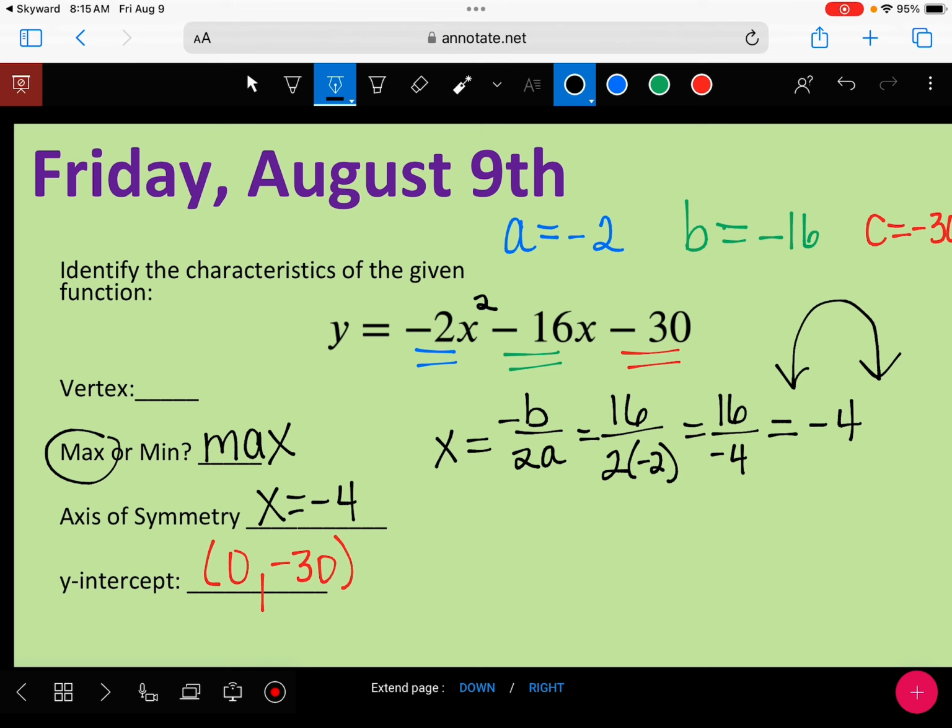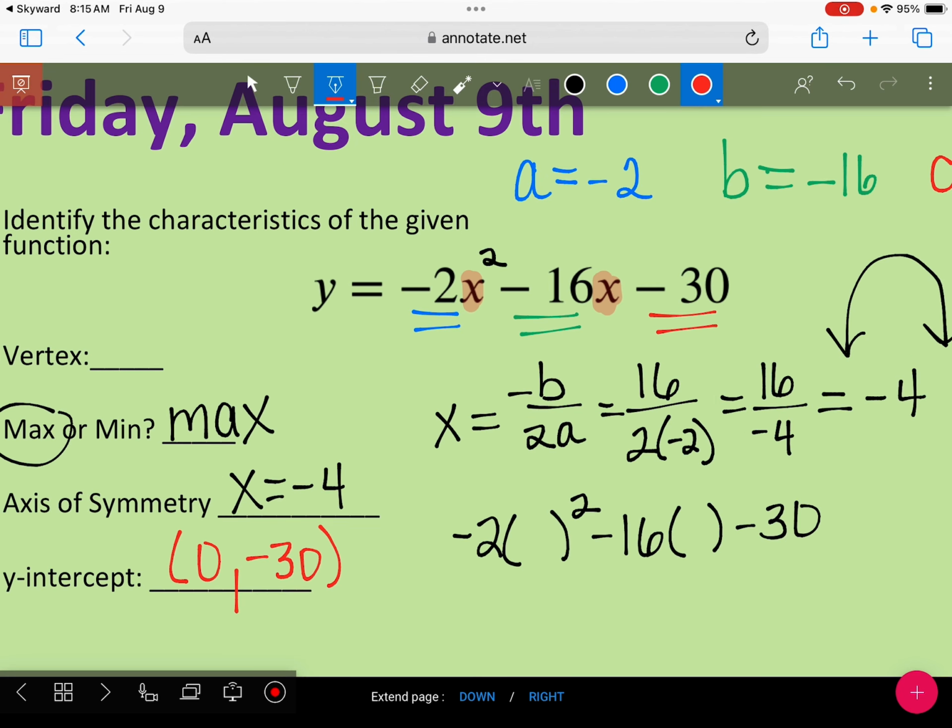And now we're going to find the vertex. So I'm going to take that -4 and substitute it where you see an x. So in your calculators, we're going to type in -2 parentheses squared minus 16 parentheses minus 30. And go ahead and put that -4 in. Type that in your calculator.